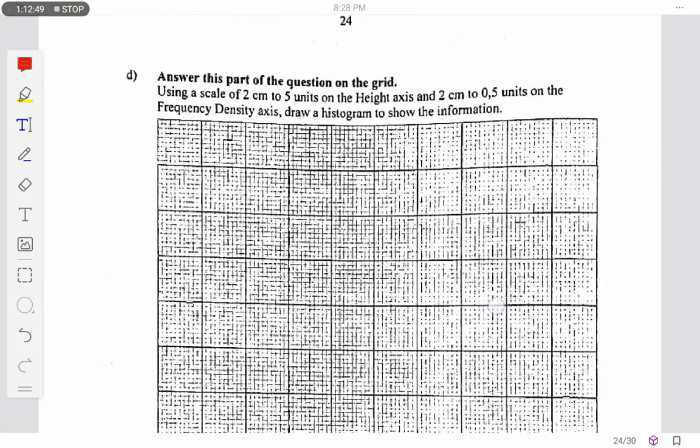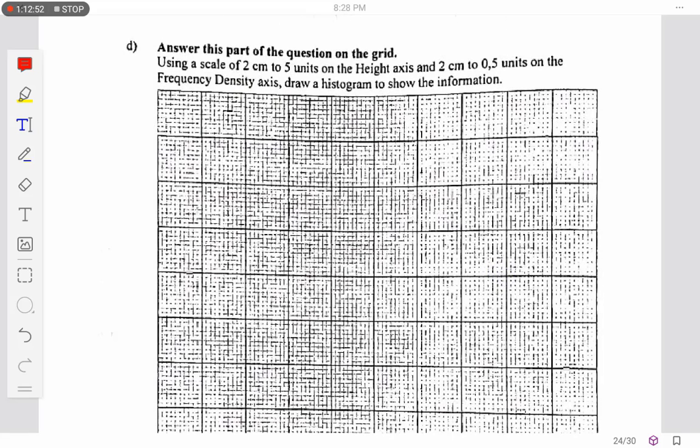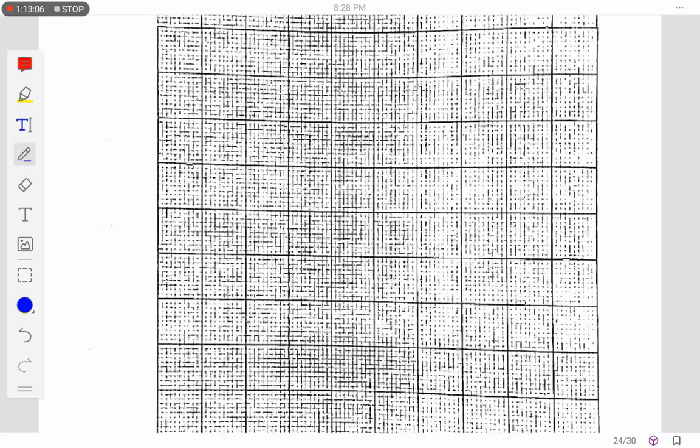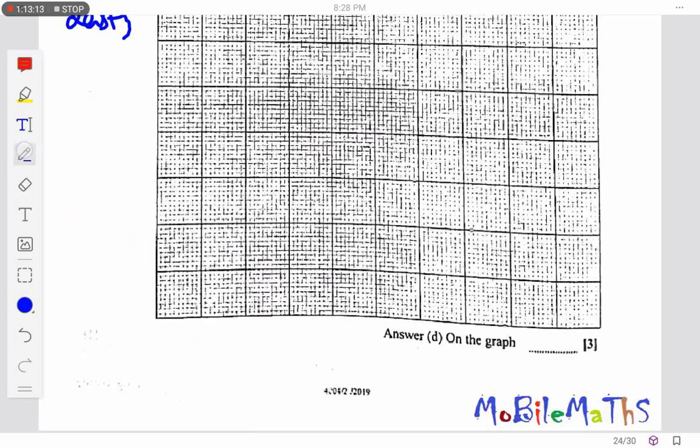Okay, they want us to draw this information now. For us to draw, we are going to use the frequency density and the height. On the left side we say frequency density, and on the bottom we say height, and our height is in centimeters.